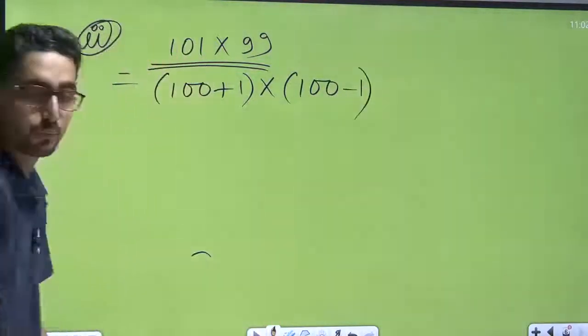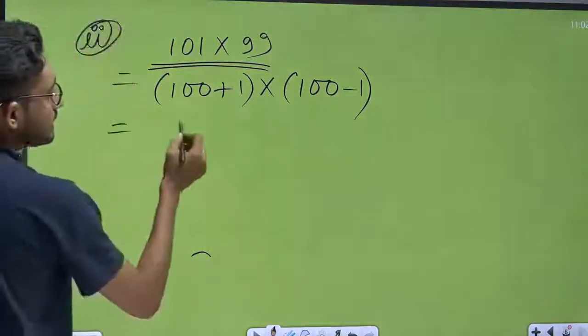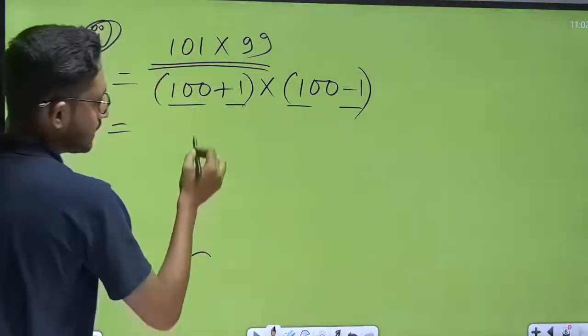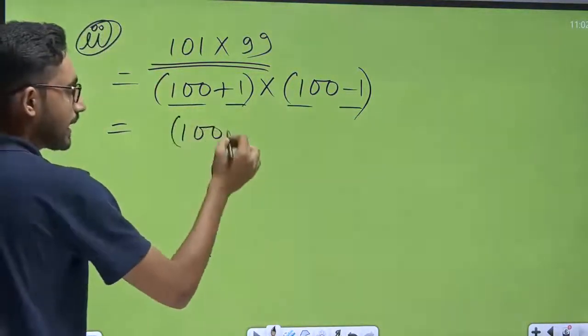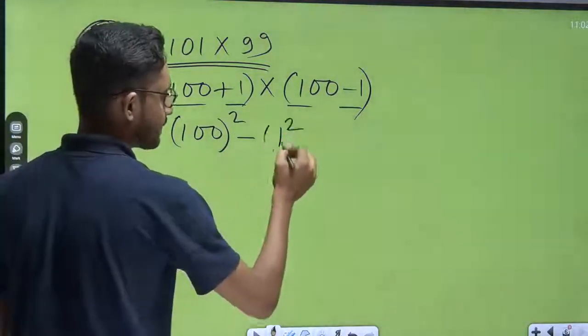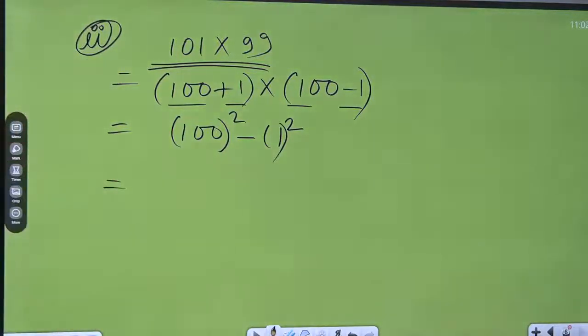Understood how? Let's see. First of all, 101 we can write as 100 plus 1, and 99 we can write as 100 minus 1. Yes or no? Can we write that? Yes, obviously we can. Now we just write a plus b and a minus b.